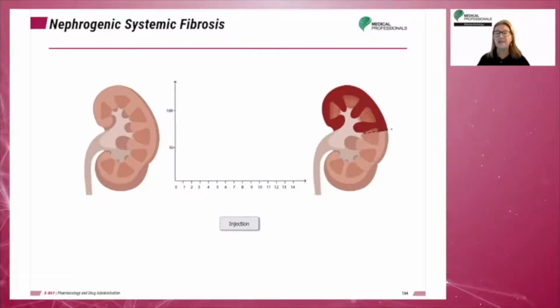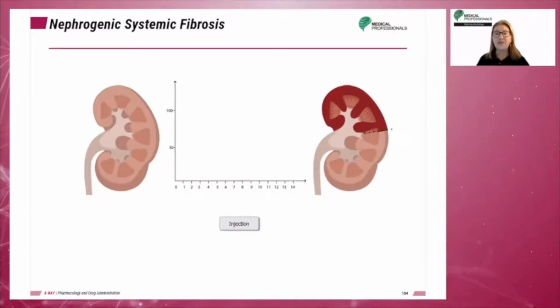The disease is associated with patients with kidney impairment or kidney failure after given gadolinium-based contrasts. The condition is progressive and can be fatal if fibrosis develops in the internal organs such as the lung, esophagus, and heart.